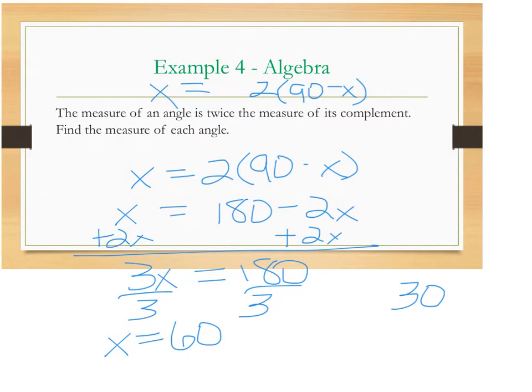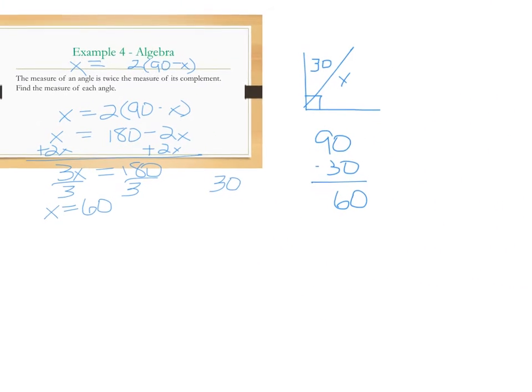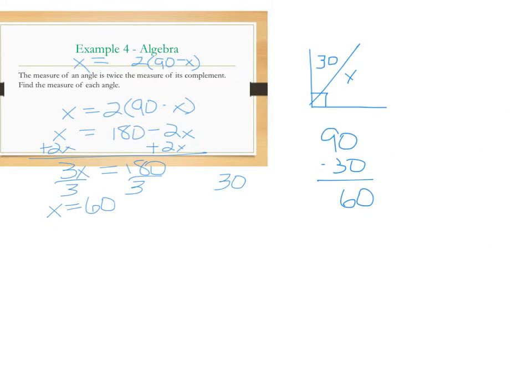Okay, so back here in this problem, remember, if I told you angle x equaled, let me just not put a variable in here. Let me write a new problem. Let me draw a right angle, and I'm going to divide it up.